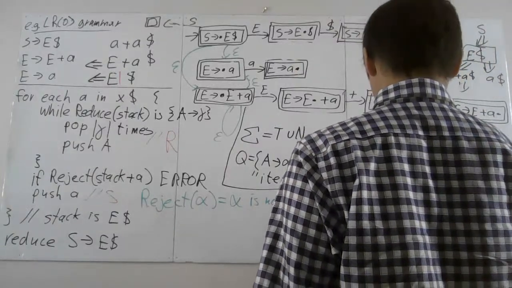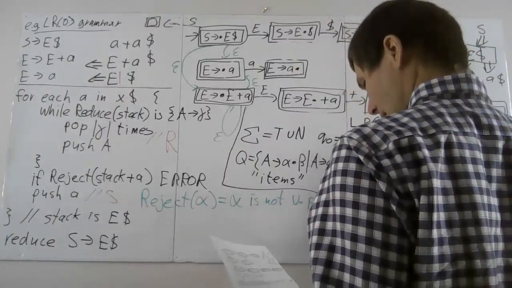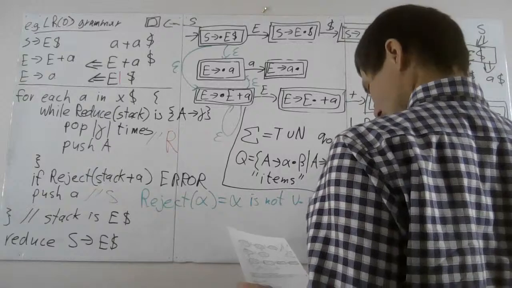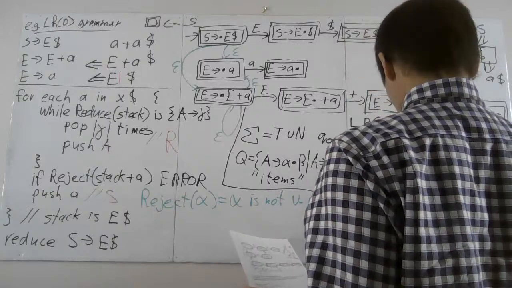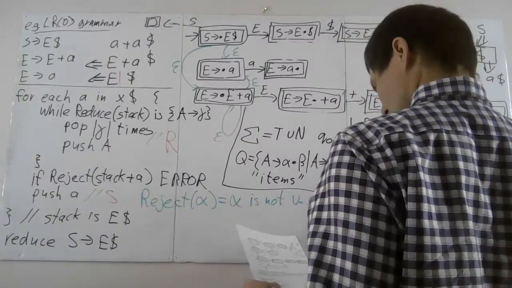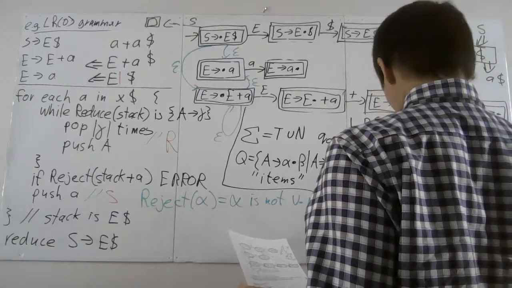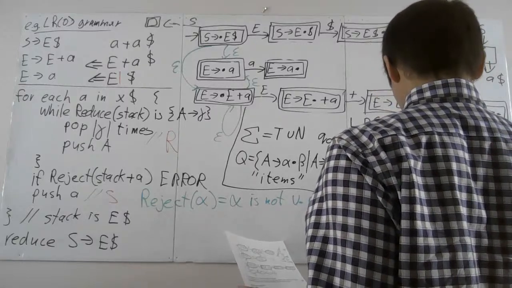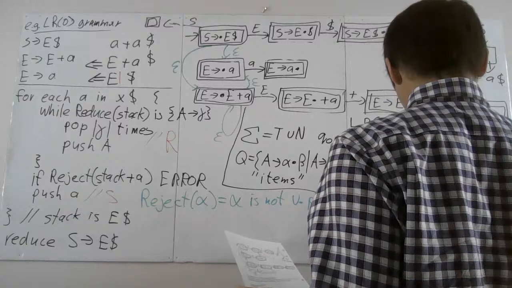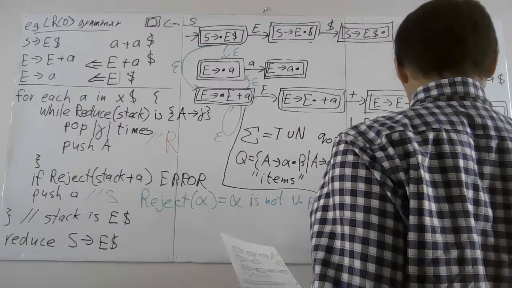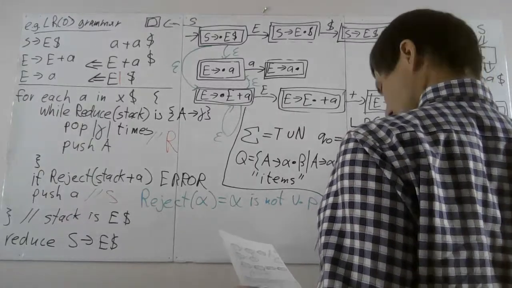So if I have a transition from A goes to alpha dot B beta, on an epsilon.